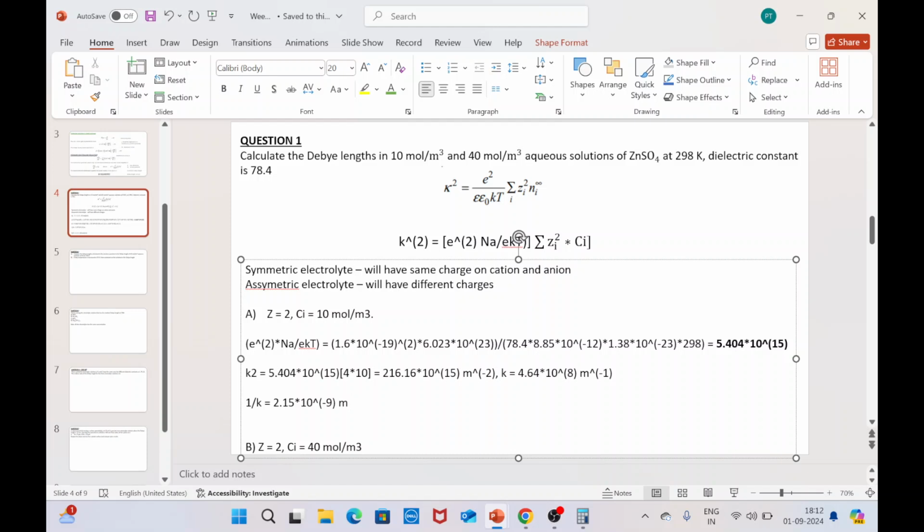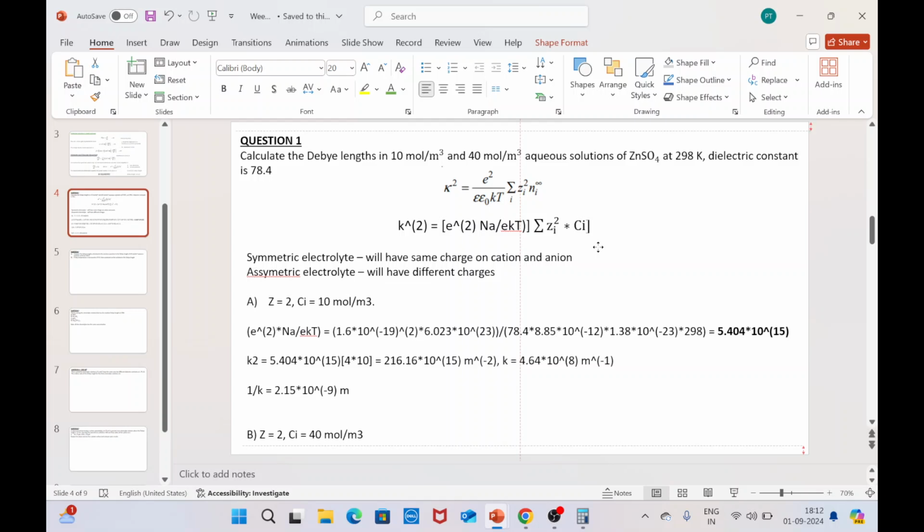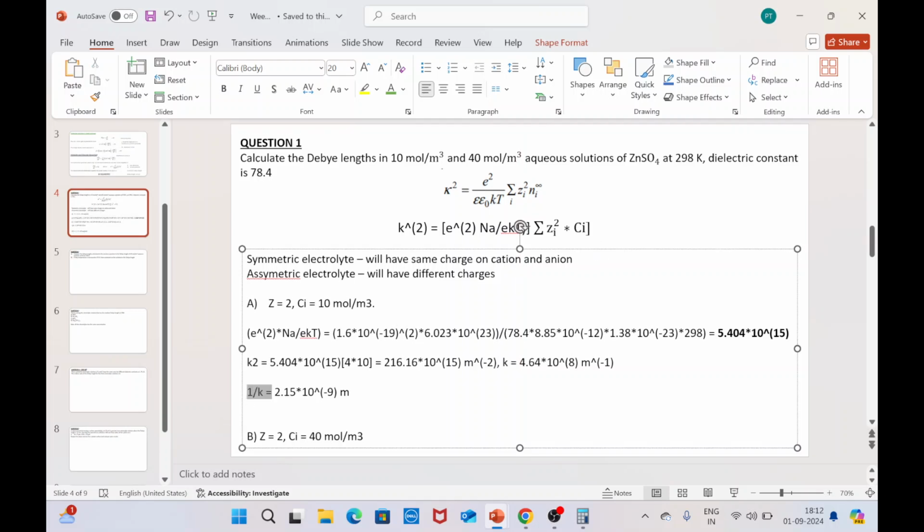This is the value of Debye length. Now you can solve for the next one and let me know the answer. I'll give you approximately 3 to 4 minutes for solving the problem, and then let's see what the answer is.